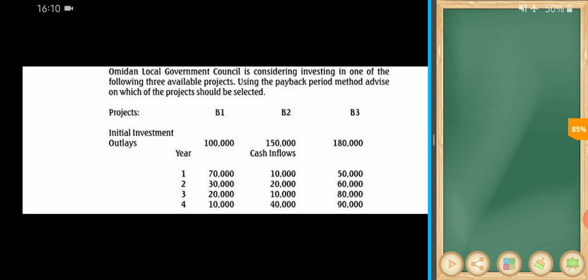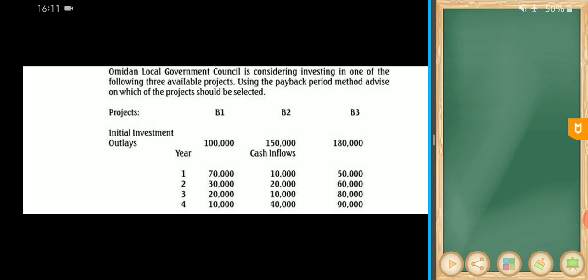Now, since the money in year 3 is in excess, it was remaining 70,000 before, and in year 3 you made 80,000. That means you cannot say that the payback period is 3 years, because you were able to recoup your money before we got to year 3. That is, you're able to recoup your money between year 2 and year 3.